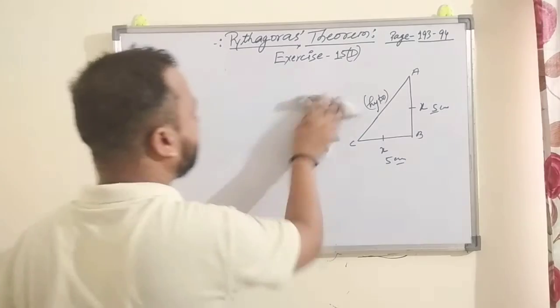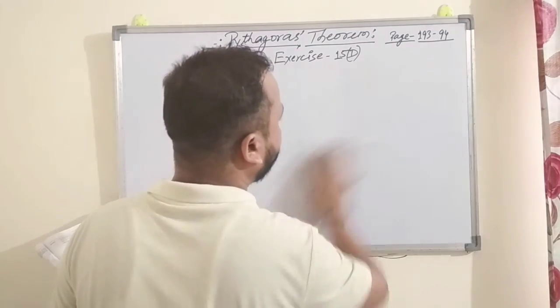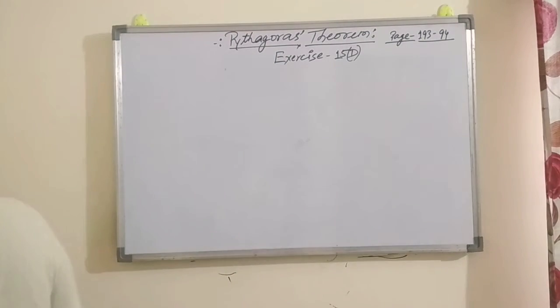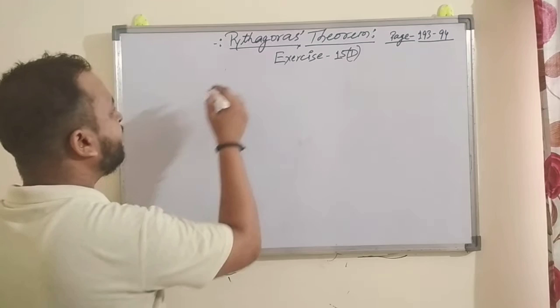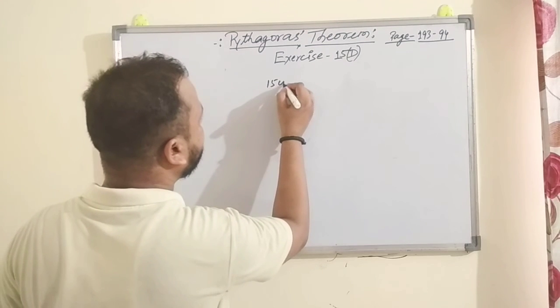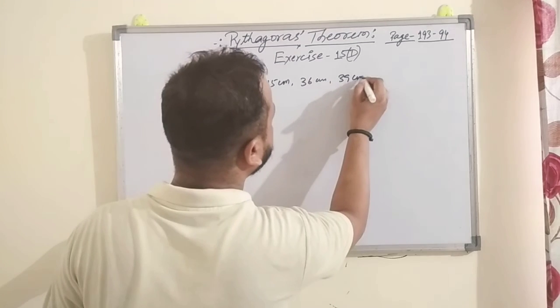So any triangle is a right angle triangle if it follows the Pythagoras theorem. The lengths of the sides are given as 15 centimeter, 36 centimeter and 39 centimeter.